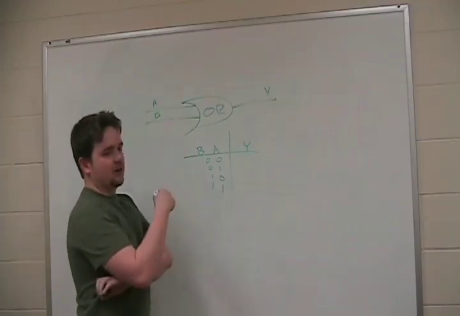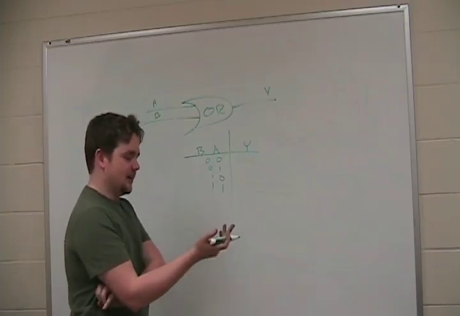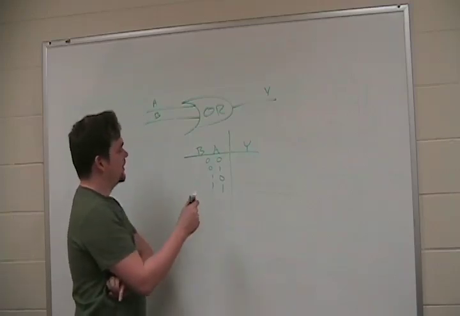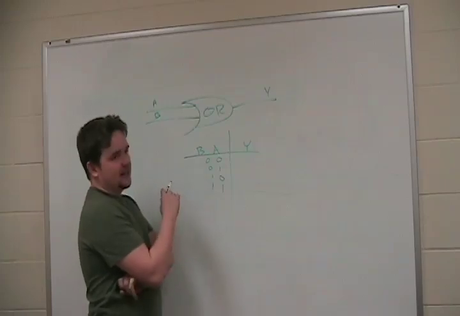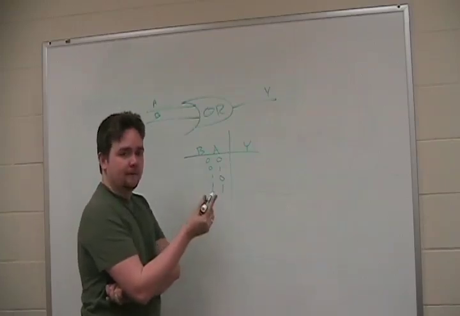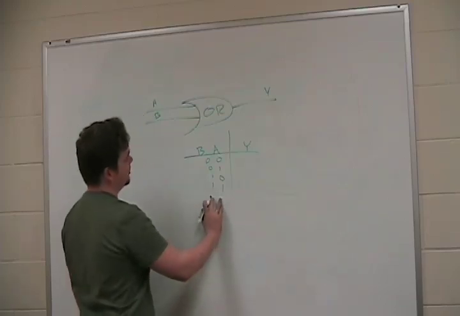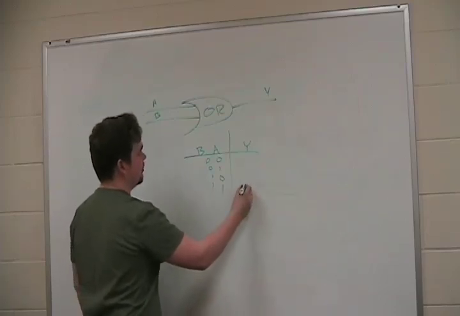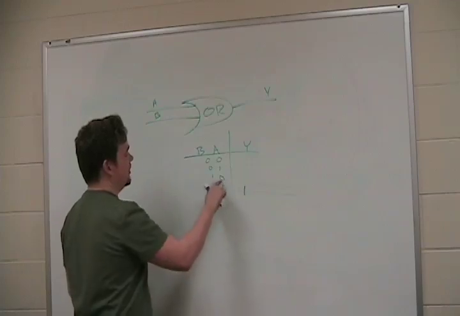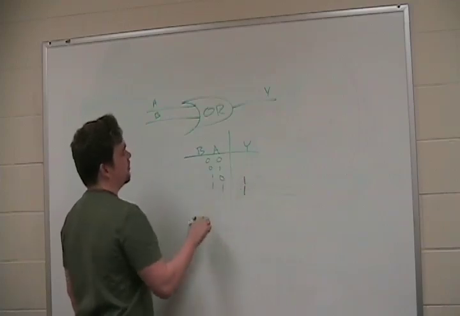OR gate works differently than the AND gate. The way the OR gate works is if any input is high at 1, then the output will equal 1. So if both inputs are at 1, then output is 1. If one input is 1, the output is a 1.